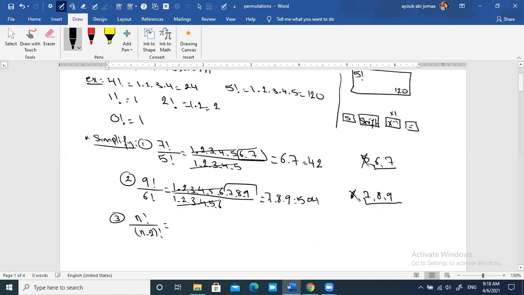Similarly, if you have n factorial over n minus 2 factorial, what will be the answer?